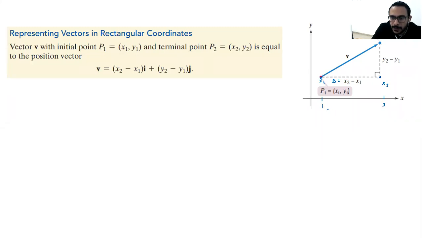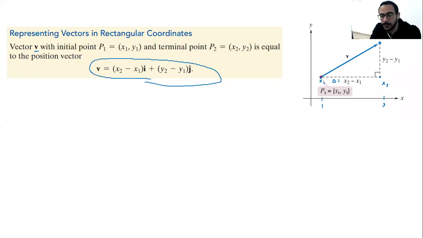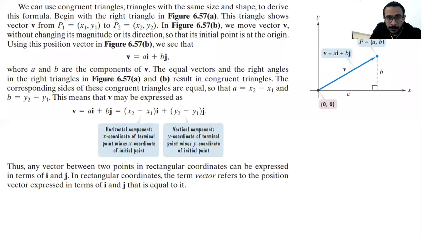To find the distance between the x's, delta x, you subtract 3 minus 1, which gives you 2, and delta y is y2 minus y1, like the slope. So to write the vector in rectangular coordinates, we write v equals (x2 minus x1)i plus (y2 minus y1)j. We will use it, guys.